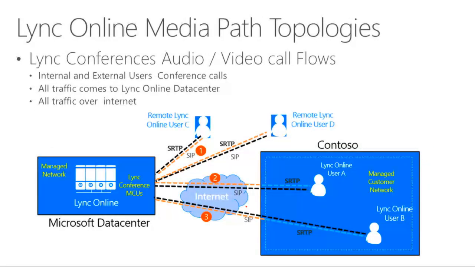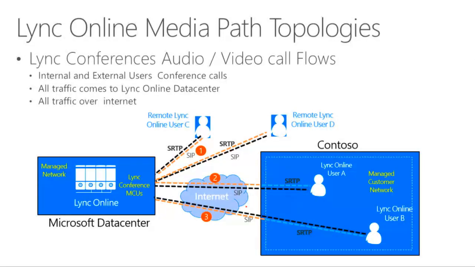And then we have the media path for conference, also for audio and also for video. We have the same. We always have to deal with the edge. But for the conference, SIP traffic and media traffic have to go to the MCU, to the data center. So we cannot do anything about it.